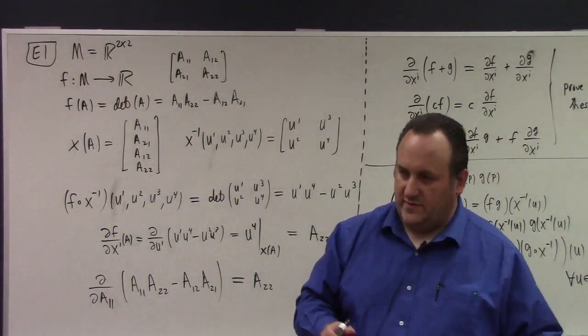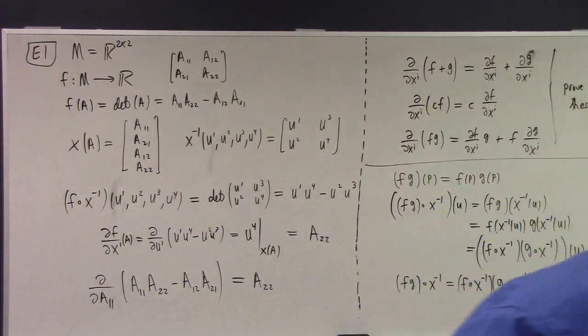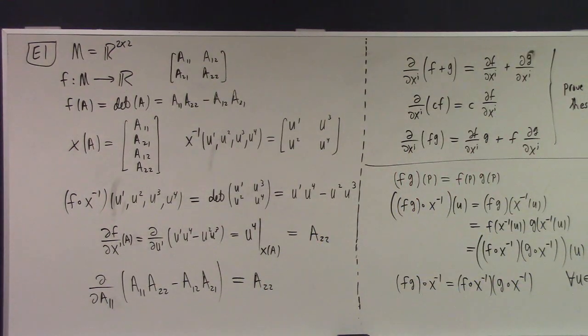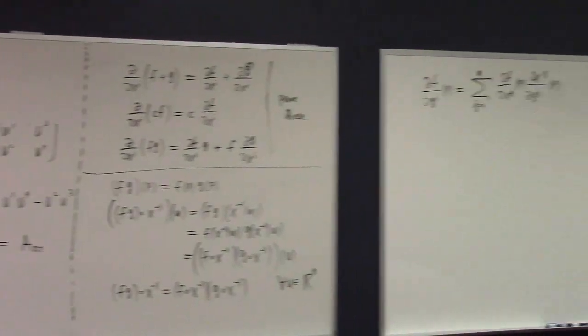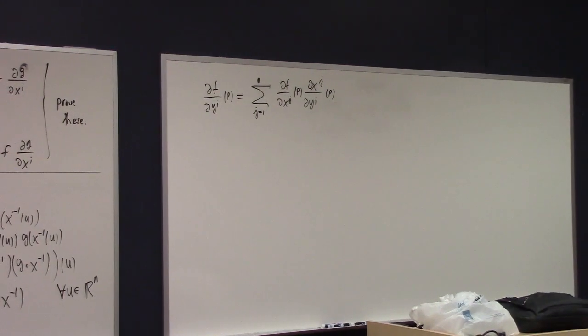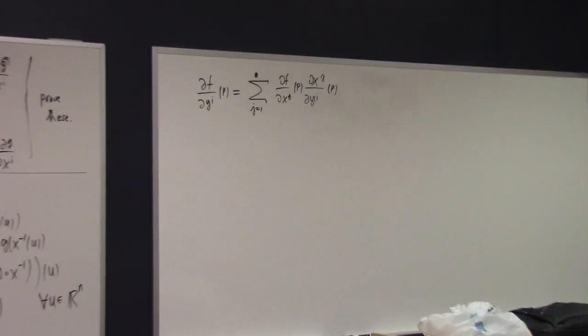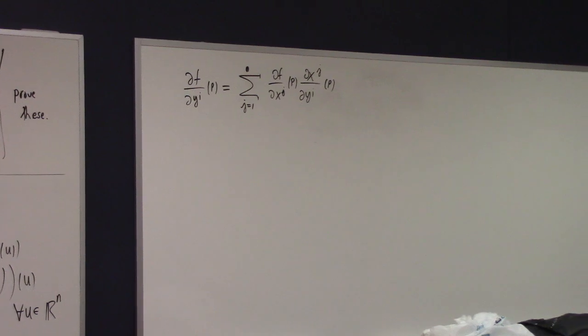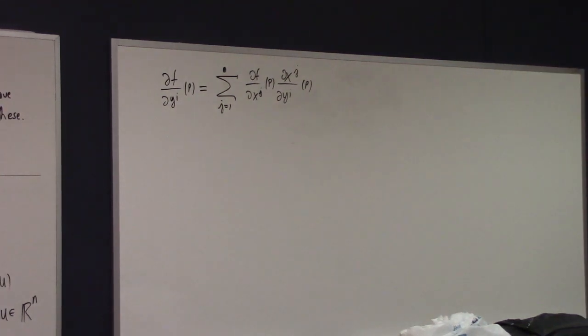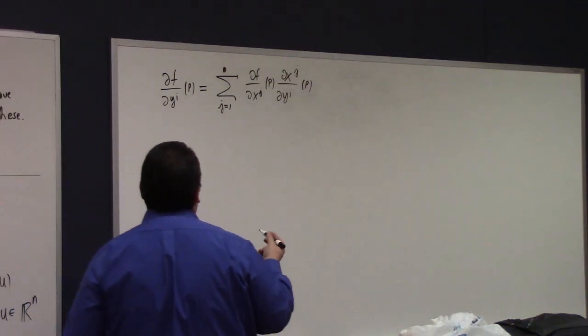And so let me end class with, what is a diffeomorphism? Right, so let's just talk about that a minute here. A diffeomorphism is a smooth map between two manifolds which is a bijection with smooth inverse.